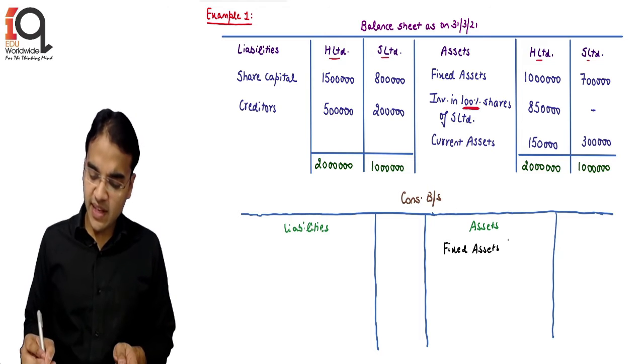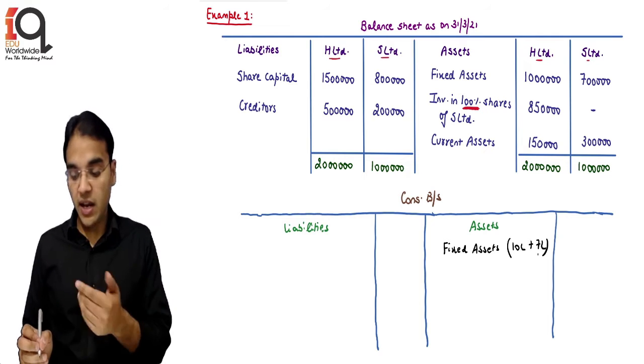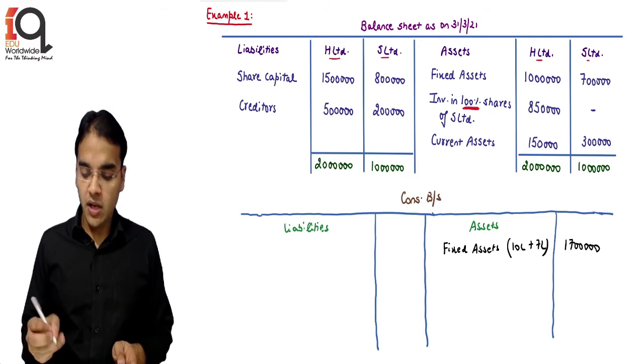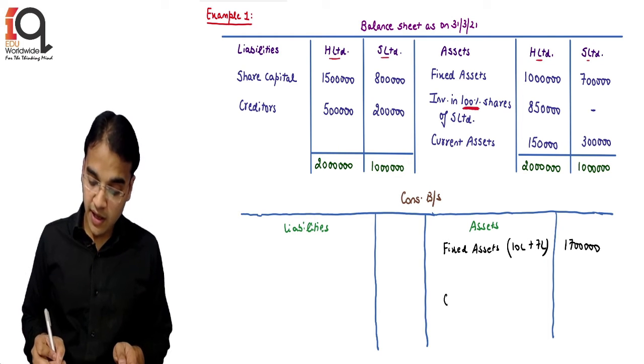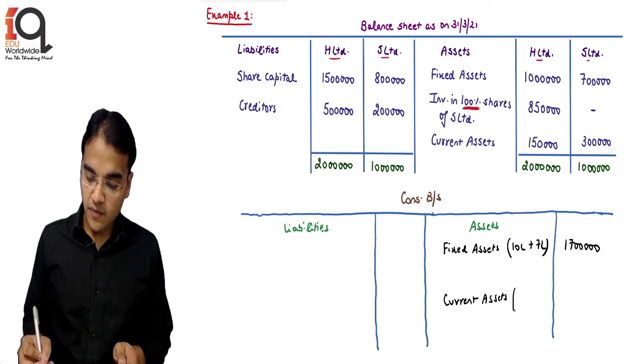Obviously fixed assets will be 10 lakh plus 7 lakh. If I have to combine the same, that is 17 lakh. That's a very easy item. Investment I am not putting currently. We will understand why. Then there are current assets, which is 1.5 lakh plus 3 lakh.